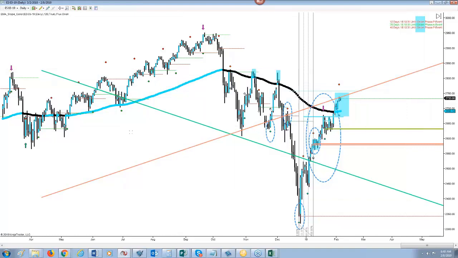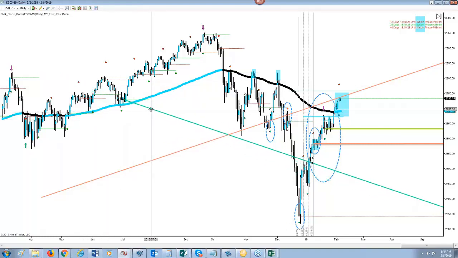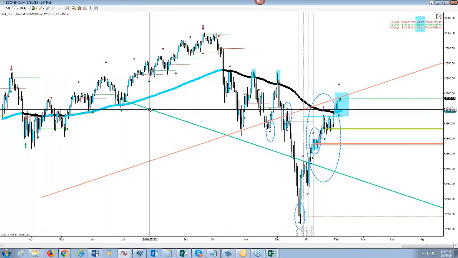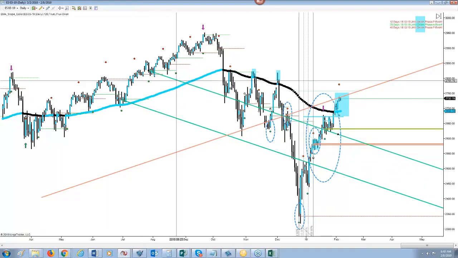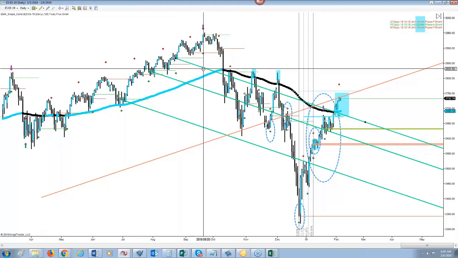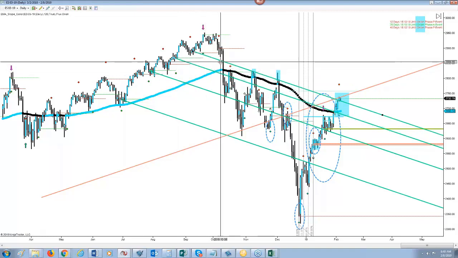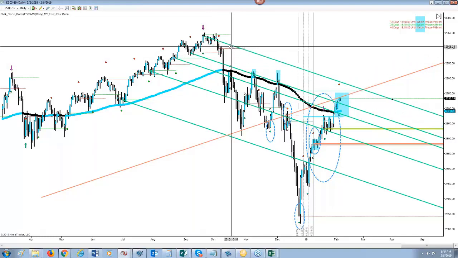Now, take your green line, put it on the closing price of every Orion signal. And watch where the highs and lows line up.